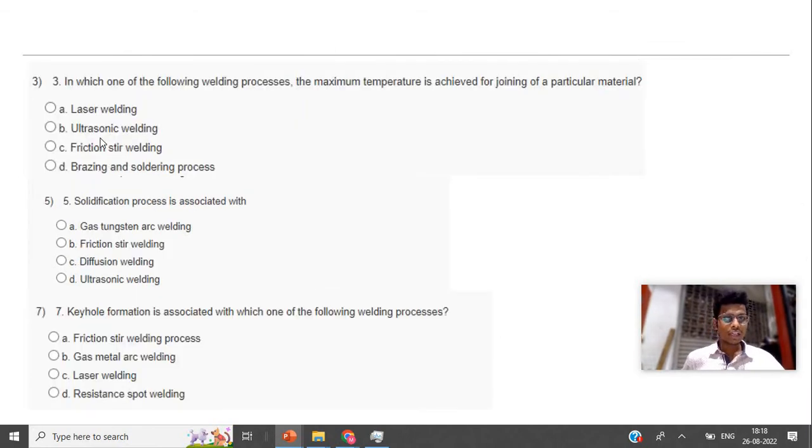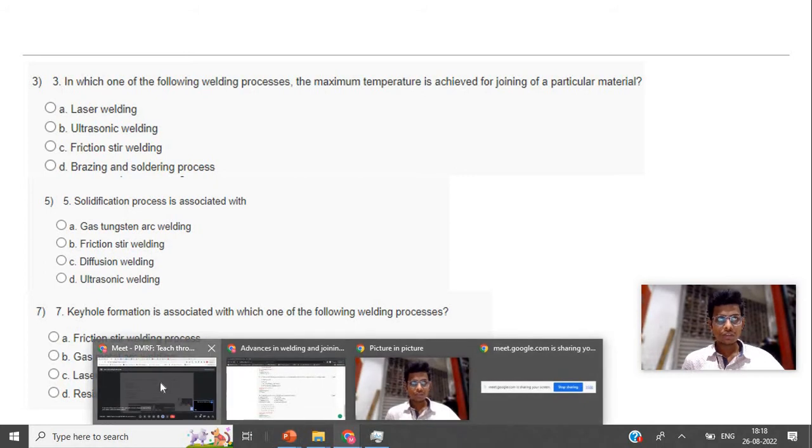Okay. In the next question, in which one of the following welding processes is the maximum temperature achieved for joining of a particular material? The options given are laser welding, ultrasonic welding, friction stir welding, brazing, and soldering process. Can anyone answer this in the chat box?